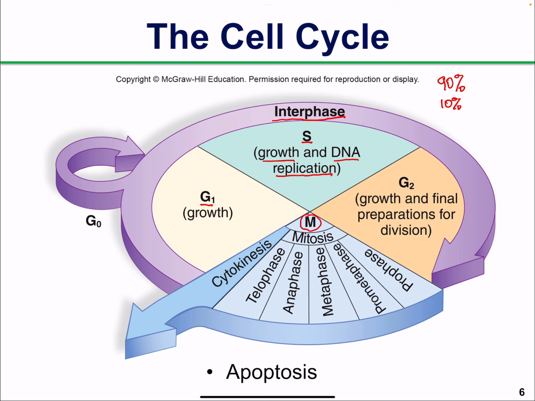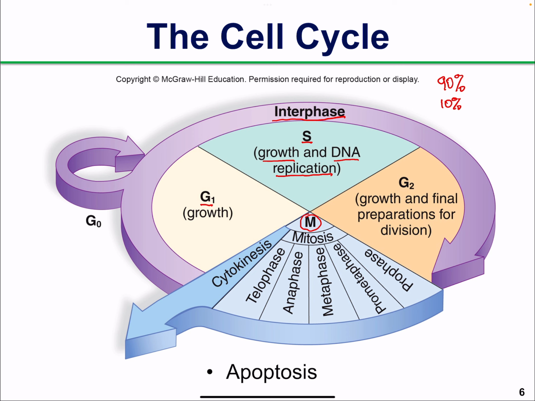So all this cellular structure has to be present in both of the 2 new daughter cells, right?